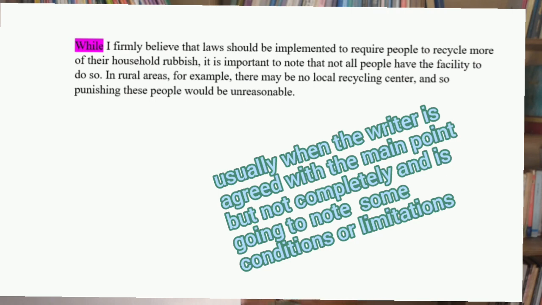The writer's stance is in favor of implementing these laws somehow, but he or she acknowledges that these laws may not be applicable to all individuals. This serves as an illustration of how concession can be incorporated into writing.